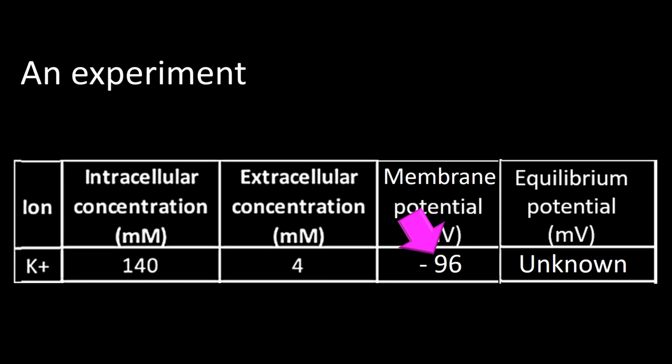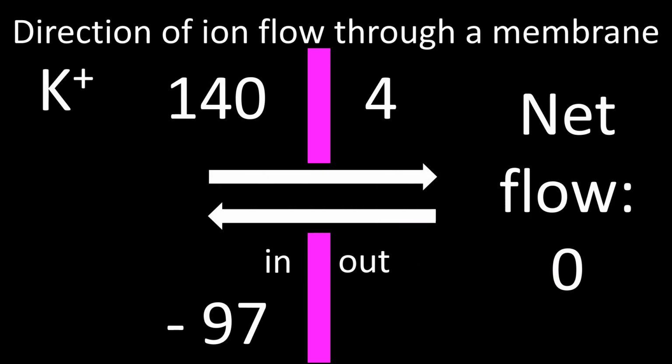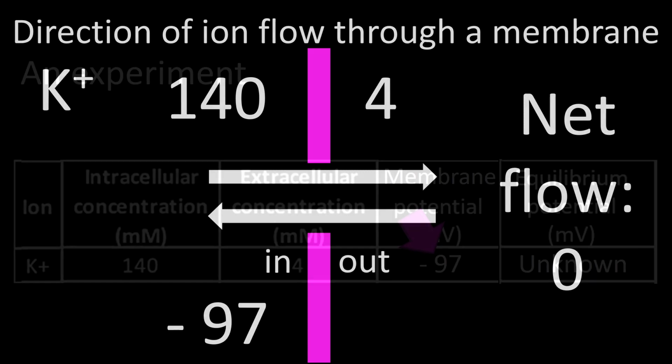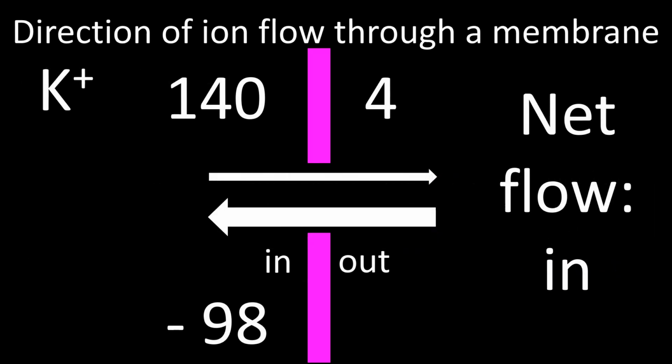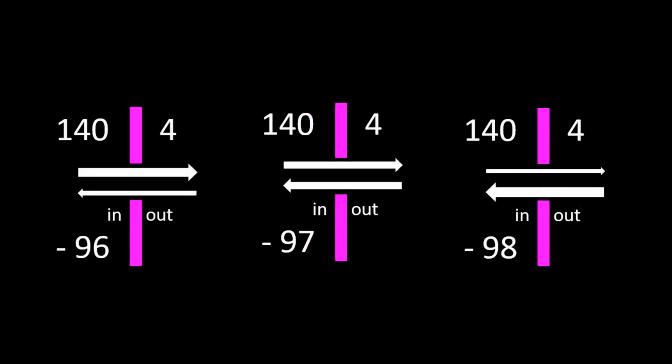When the membrane potential was changed from negative 96 to negative 97, potassium flowed in both directions equally. When the membrane potential was changed from negative 97 to negative 98, the net flow of potassium was in.